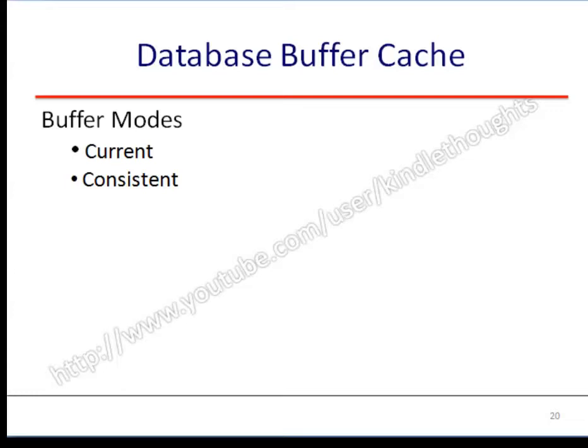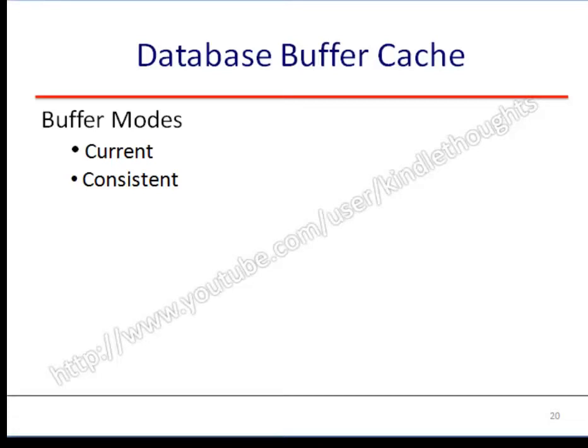Typically, when a particular session makes a change to data in a buffer, the data block actually contains new information. If the same session is requesting this information which is not committed yet, it is referred to as a current get or a DB block get.